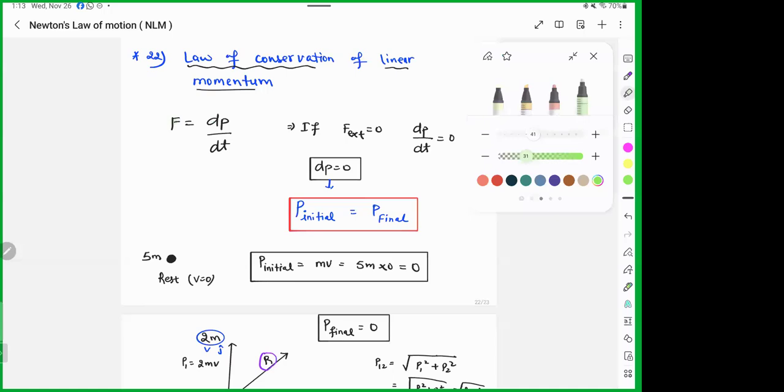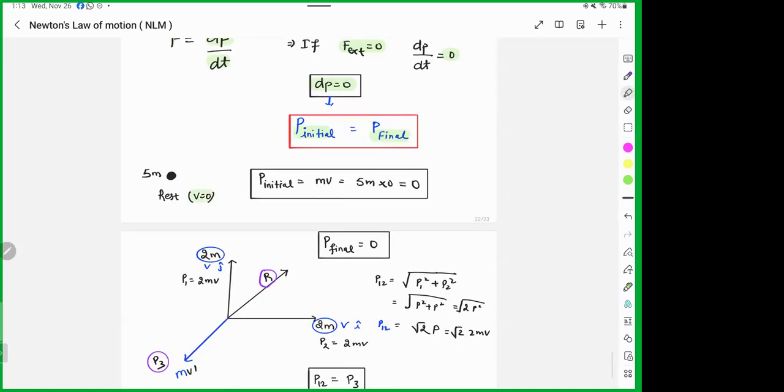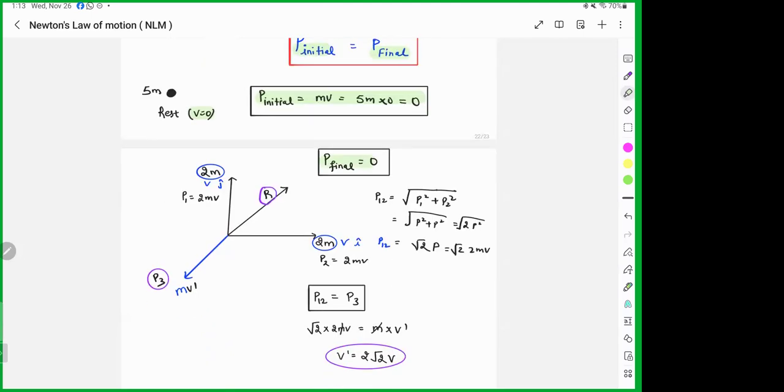So it means change in momentum. Linear momentum will be final, so everything is zero. When here you have 2 MV, take their resultant.